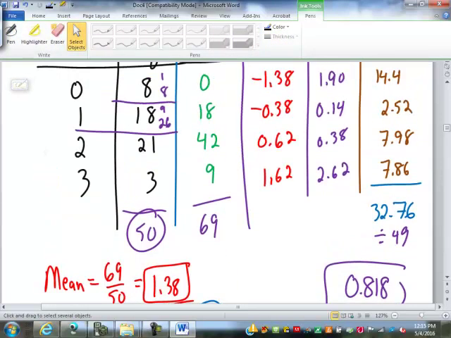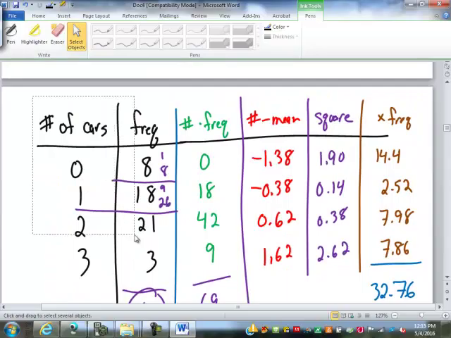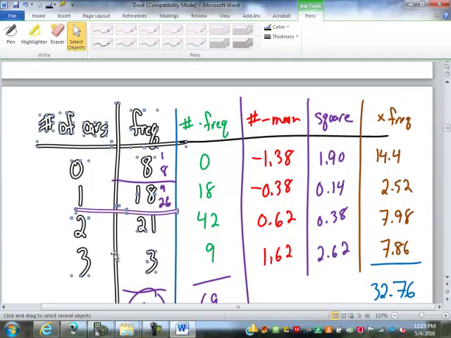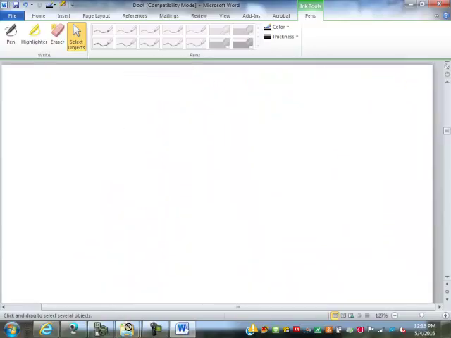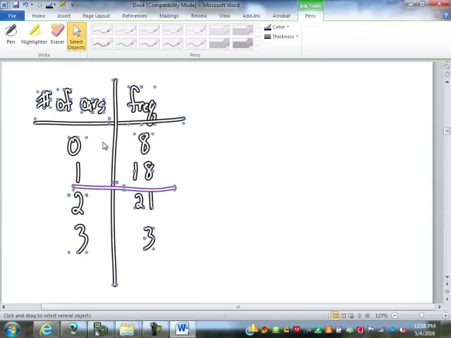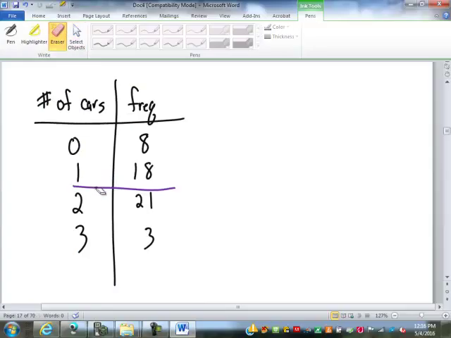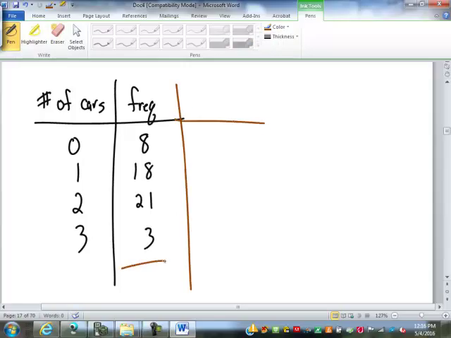Now, had we done this with a relative frequency, let's go to a new page and find the relative frequency quick and see how it turns out. Our total here is still 50.